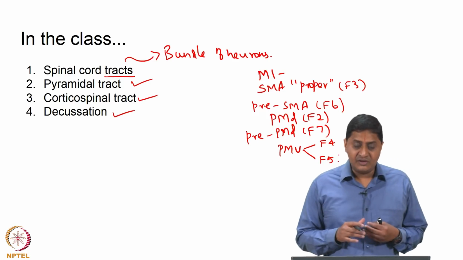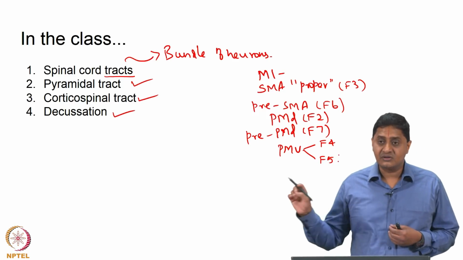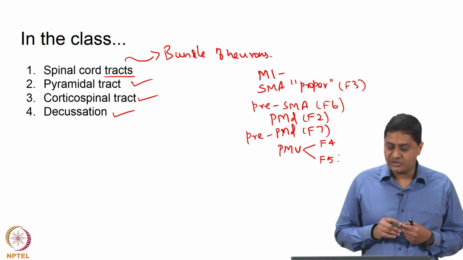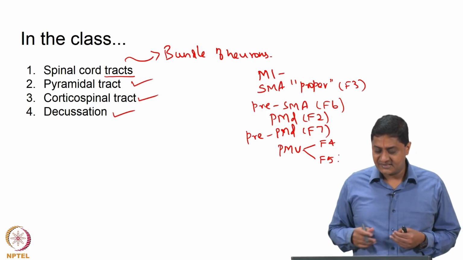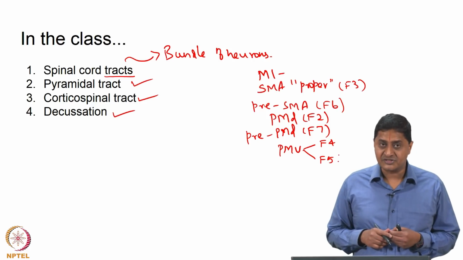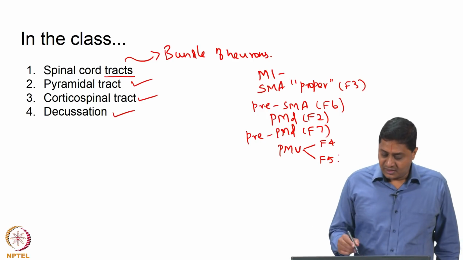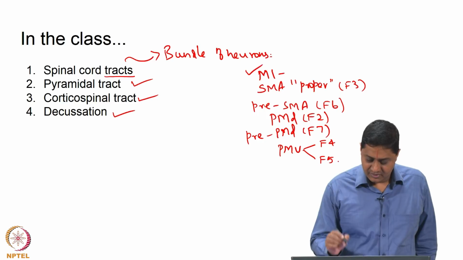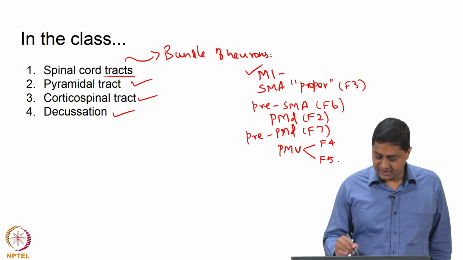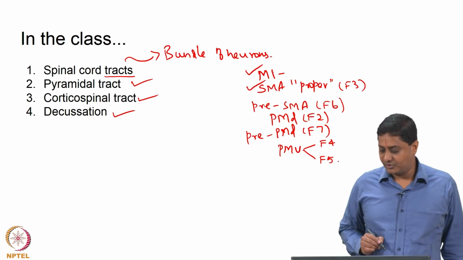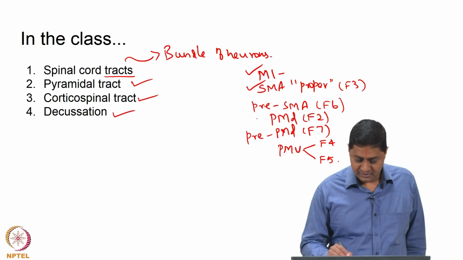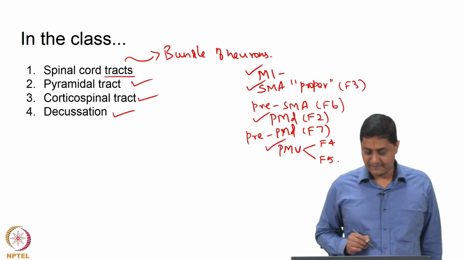Now, where do the tracts that go to the spinal cord originate? Among these regions, which ones give rise to tracts that go to the spinal cord? Among the motor regions, the primary motor cortex, the supplementary motor area, some in the dorsal premotor area and some in the ventral premotor area.